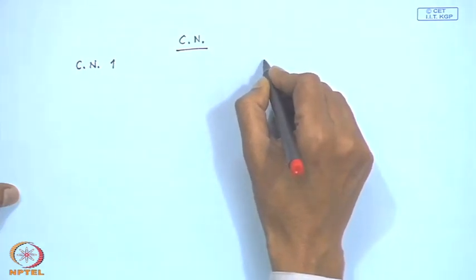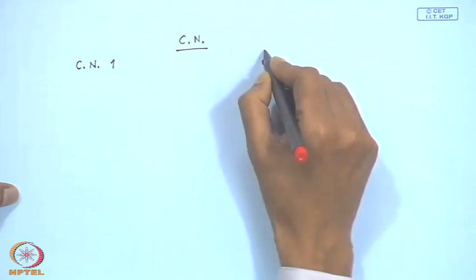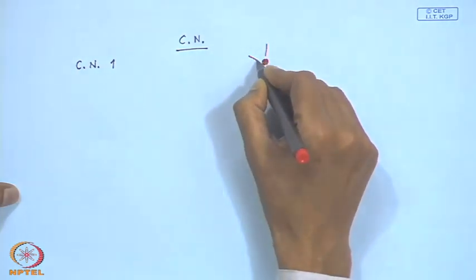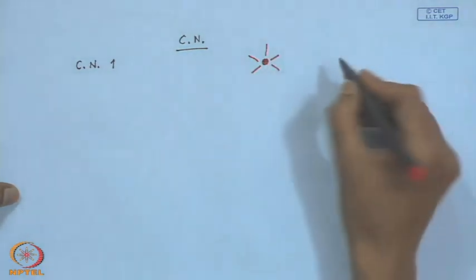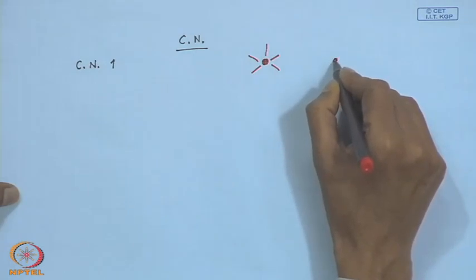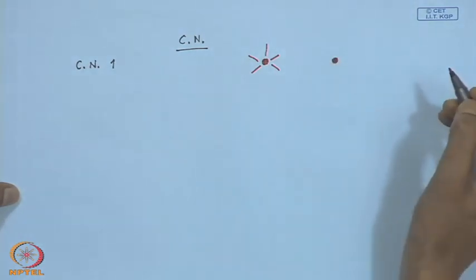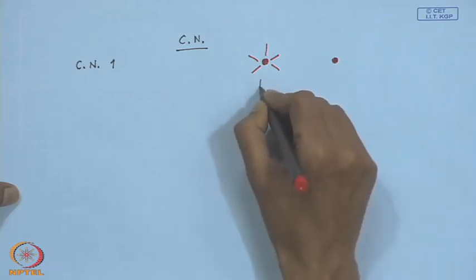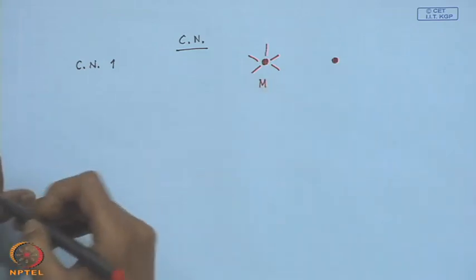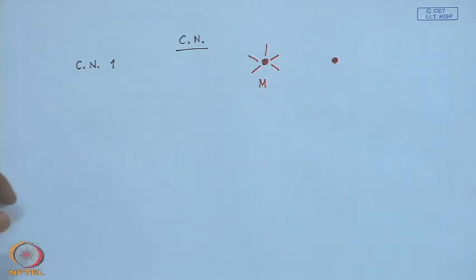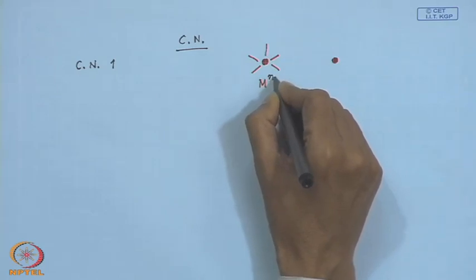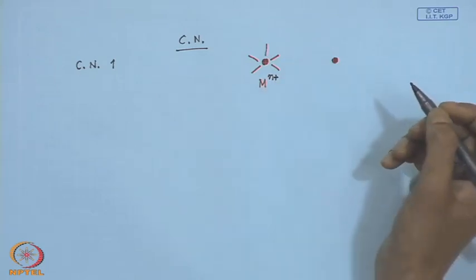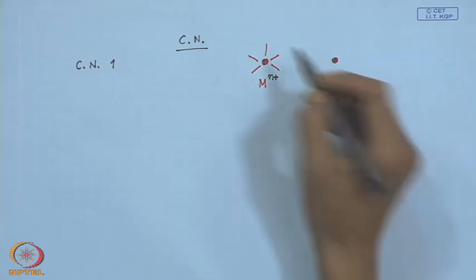Just simply, if we go on increasing the number of ligands around the metal ion center or some other non-metal center, it can be our metal center having some charge on it, bivalent or trivalent.